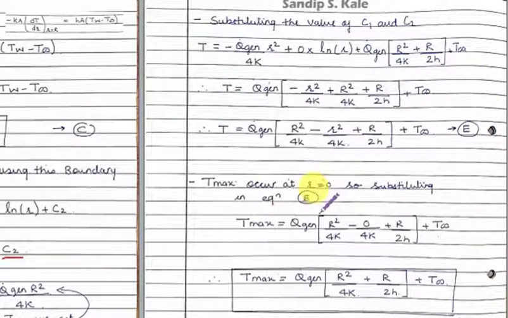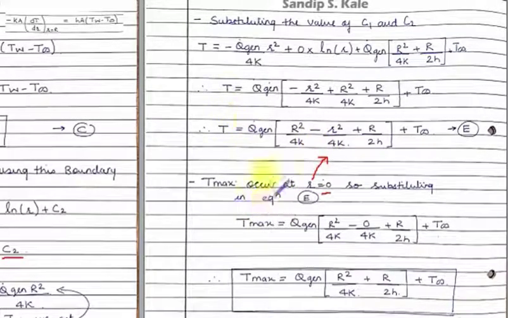Now what is our task left? We are supposed to find the maximum temperature, and all of you know that the maximum temperature, Tmax, will occur at r equal to 0. So we will substitute T as Tmax and put r equal to 0 in this equation.